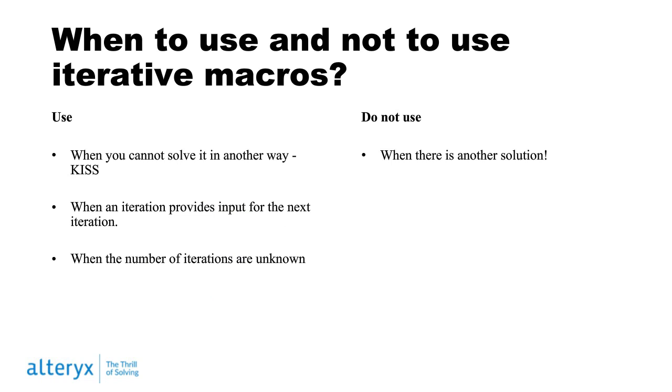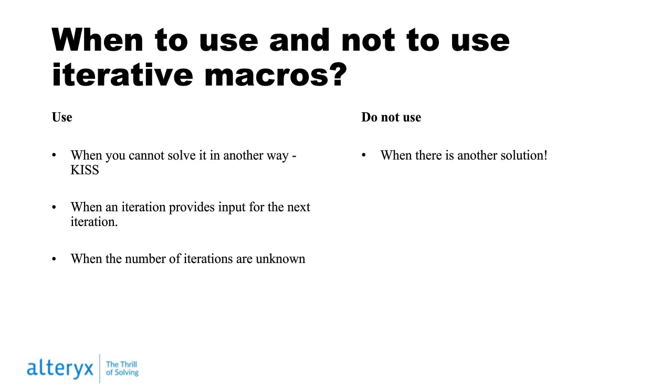So if you're working with other people on projects, they are usually difficult to understand. So my first advice is when you can solve it in another way, then do so, in the concept of KISS. Google it if you don't already know it.